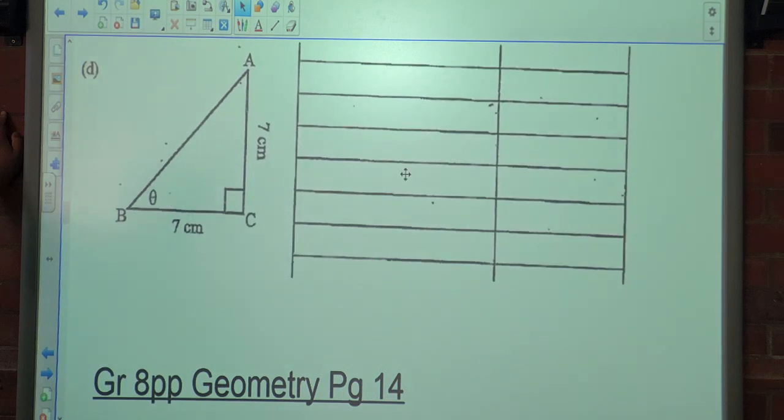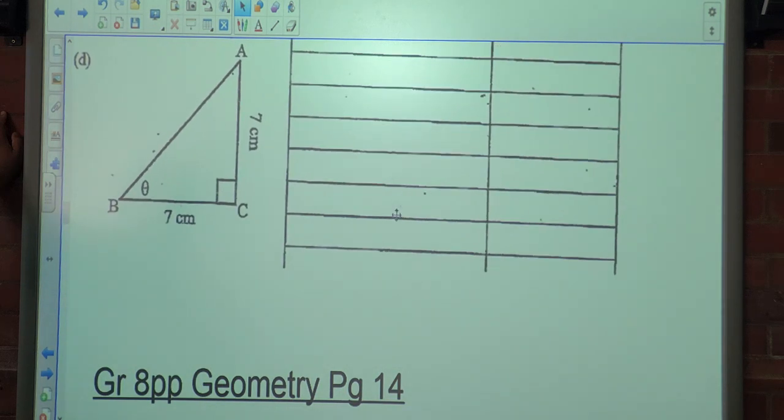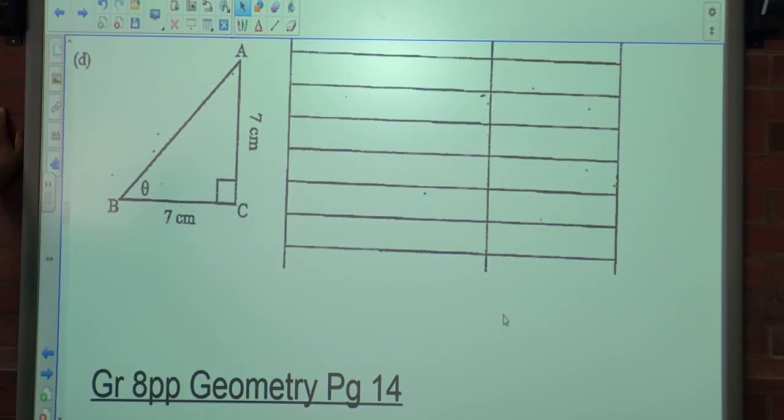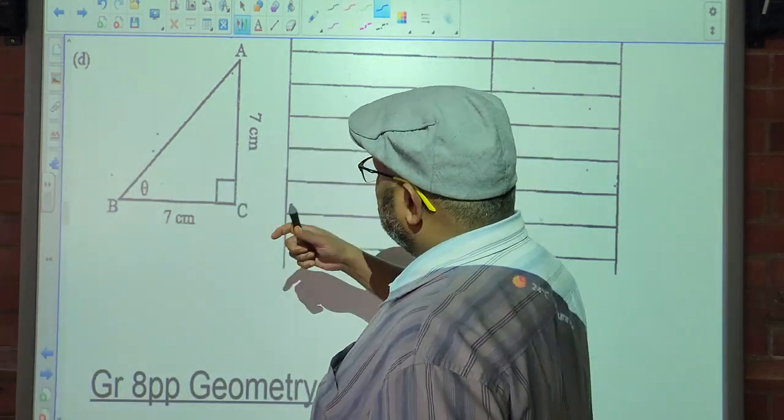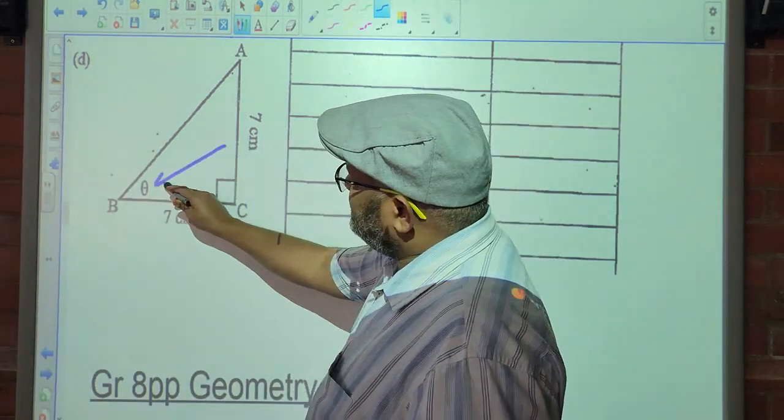D. What type of triangle is this? An isosceles triangle, not so? So you've got two pairs of sides equal. So then that angle is equal to that angle.